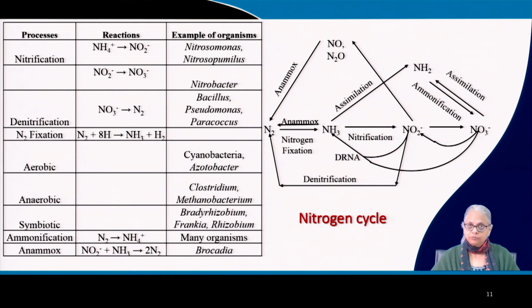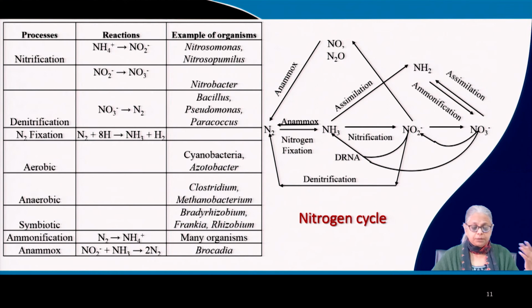They are all capable of doing denitrification. We have several nitrogen fixing bacteria where nitrogen is converted to ammonia form. Aerobic conditions, it's done by Azotobacter and cyanobacterial species. Under anaerobic conditions, we have Clostridium, purple and green phototrophic bacteria, Methanobacterium. These are all possibilities.